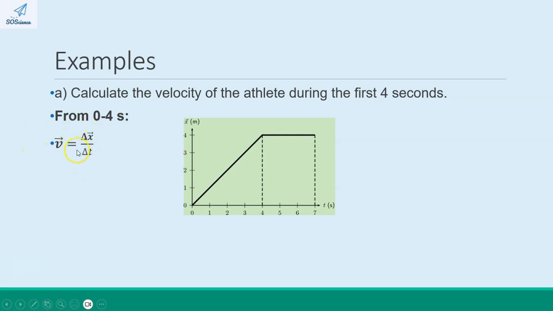So v equals delta x over delta t, which is xf minus xi over tf minus ti, which is 4 minus 0 over 4 minus 0, which gives us an answer of 1 meter per second. We got a positive answer. So that means in the positive direction, which is west.